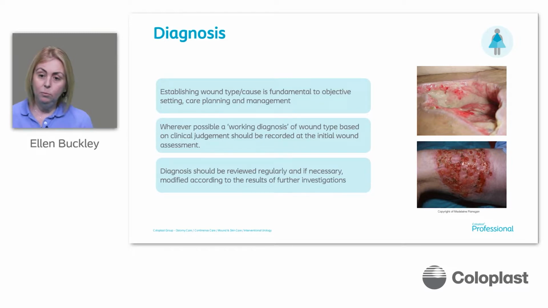We will have clinical judgment perhaps about what we think is causing that wound to be there, and sometimes we get surprises that crop up as part of our wound assessment that we didn't really know about. So gathering information and being that detective, looking closely at the patient's past medical history, looking at their diet and nutrition, as well as looking at the wound bed, the wound edge and the periwound skin, are all ultimately designed to help us come up with that final diagnosis.